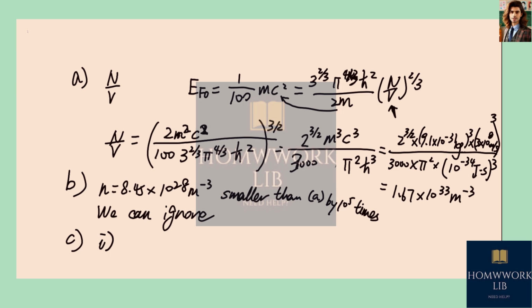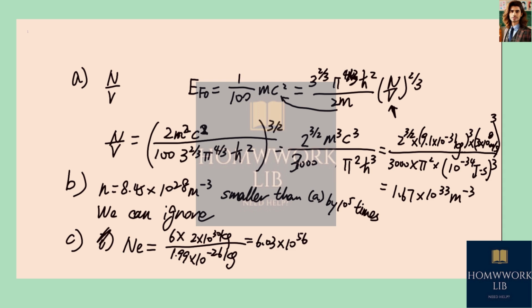Let's first find the number of electrons. The number of electrons can be given by the total mass, which is 2 times 10 to the 30 kilograms, the mass of the white dwarf, over the mass per atom, 1.99 times 10 to the negative 26 kilograms. And since it's a carbon atom, we have 6 electrons in each atom, so we multiply this whole thing by 6. So we will have 6.03 times 10 to the 56 electrons.